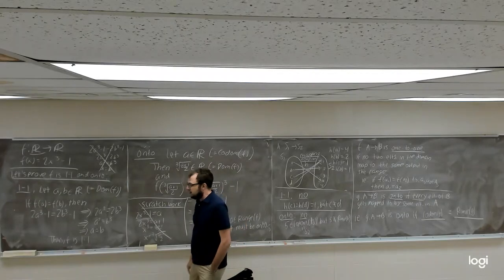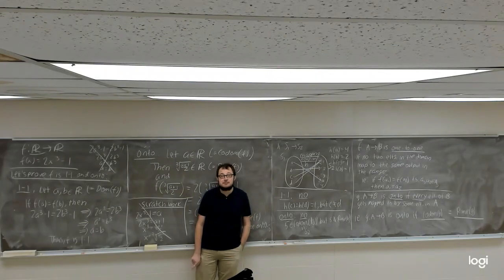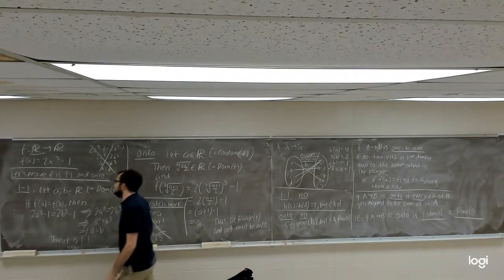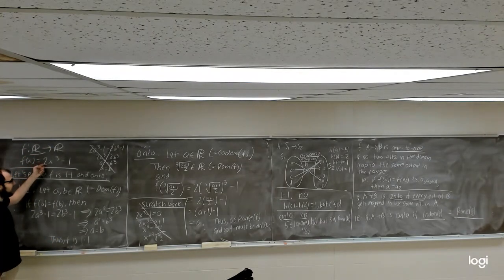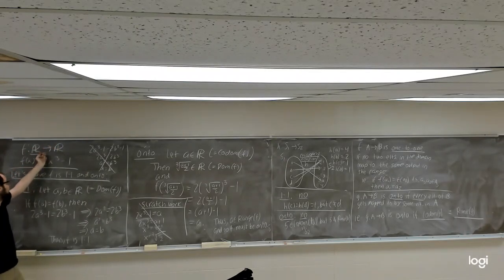Because, spoiler alert, our formal definition of two sets A and B having the same size is that A and B have the same size if there exists a function from A to B that is both one-to-one and onto. So for instance, we have a function going from the reals to the reals that is one-to-one and onto. Therefore, this set has the same size as that set.